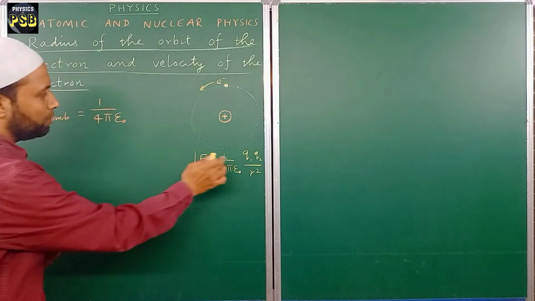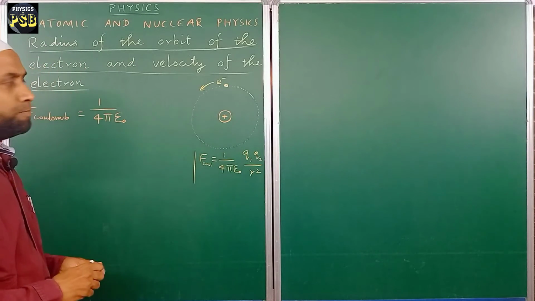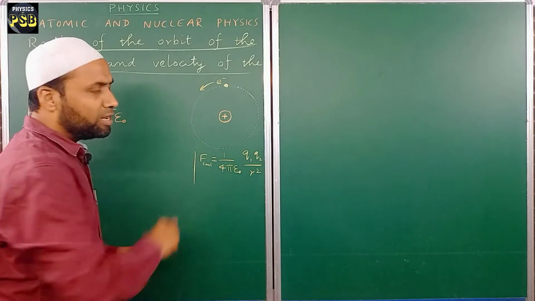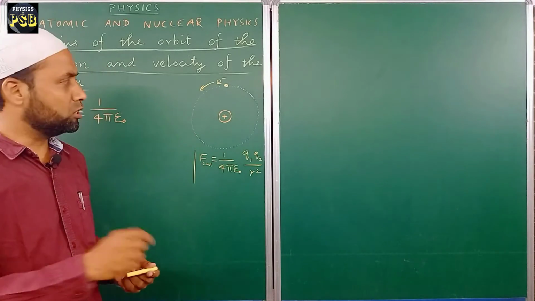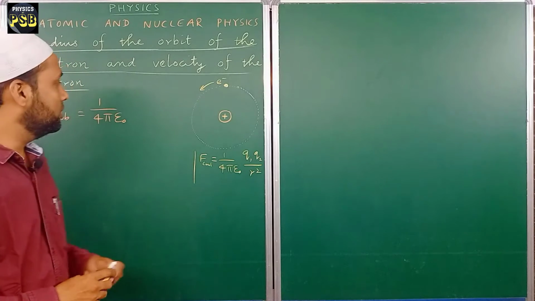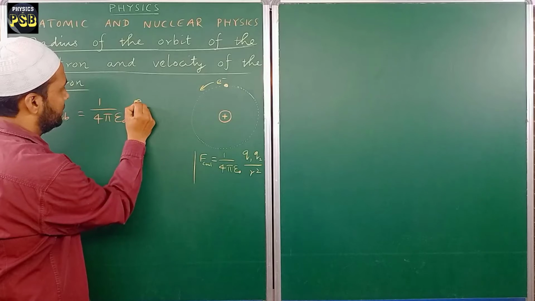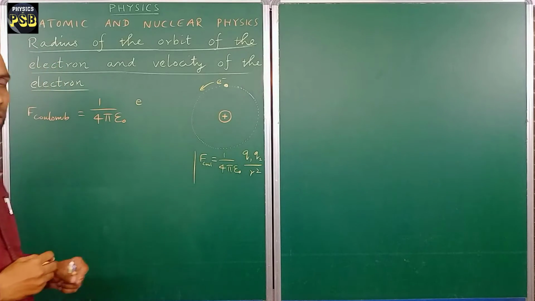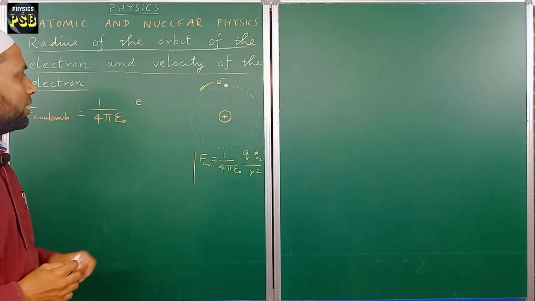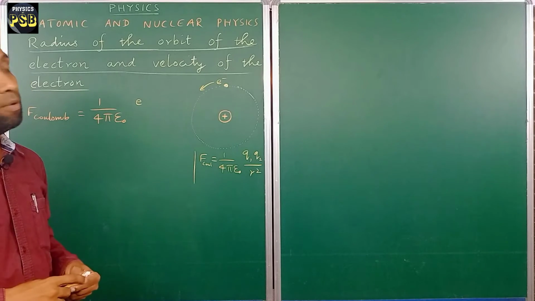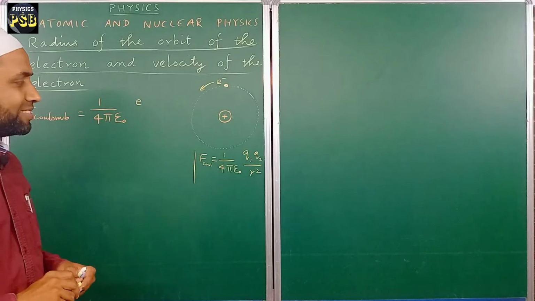So in the place of Q1, I write the charge of the nucleus. The nucleus has protons because of which it possesses a charge. Suppose I take e as the charge of a proton. Then inside the nucleus there will be Z number of protons. What is Z here?